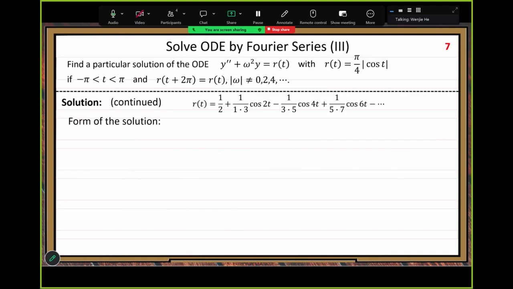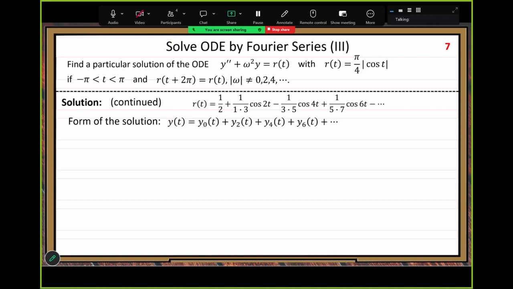So let's use that idea. We expect our final solution to have this structure, a sum of partial solutions. Each y subscript corresponds to using just one of the terms in your R function to find that particular solution.